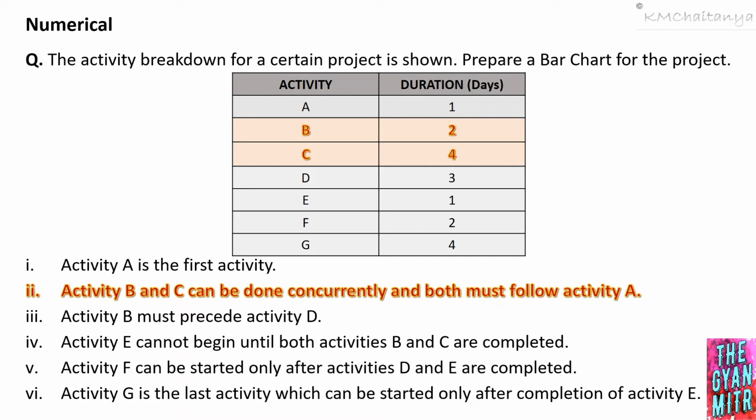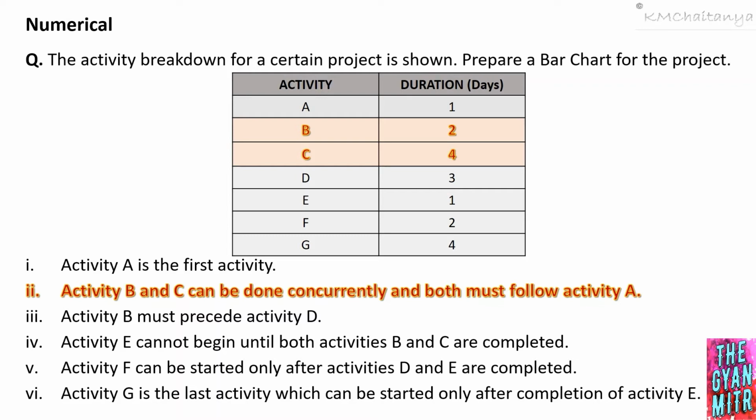And now from the relation they have given activity B and C can be done concurrently. So first we need to know what is the meaning of the term concurrently. So concurrently is also called simultaneously or start at the same time.